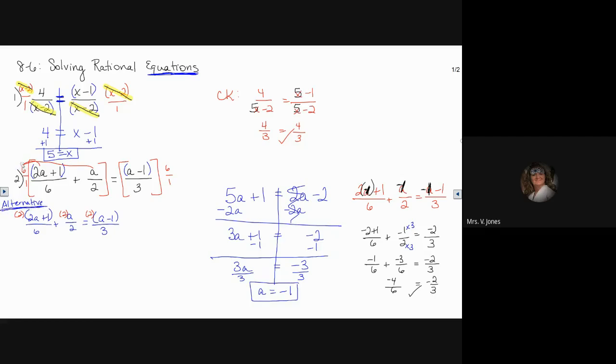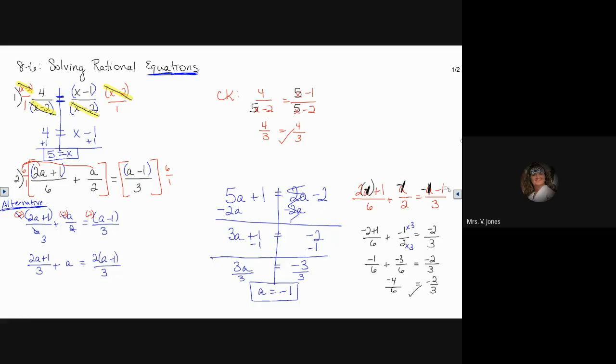I'll go back and explain why I chose the 6 and not the 2 or the 3 first. When you do this and you divide by 2 here, when you divide by 2 there, you still have a 3. So we still have this 3 on the bottom. Now these 2's canceled out, but that didn't cancel out at all.